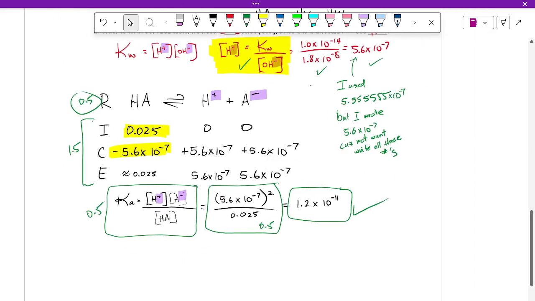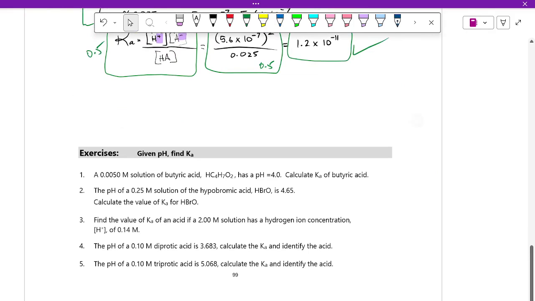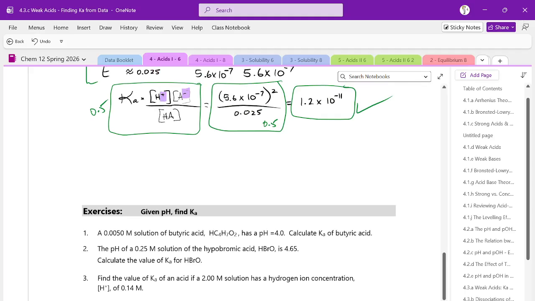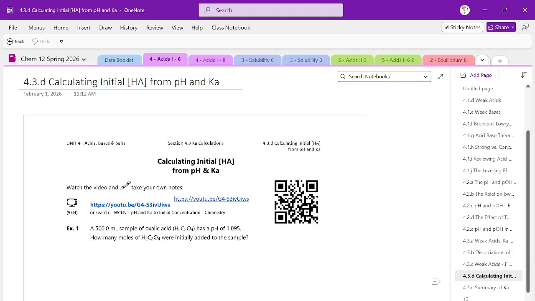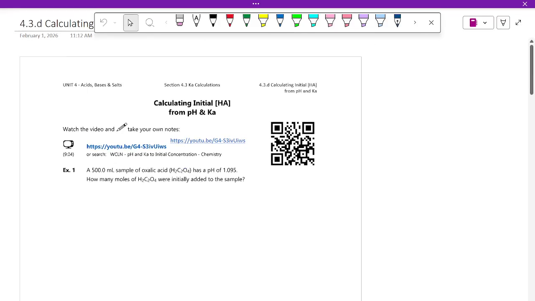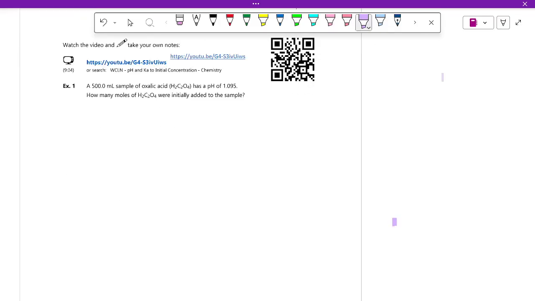And now we have some exercises. But before we do the exercises, I'm going to show you one more type of question. One more type. Because it's pretty straightforward.